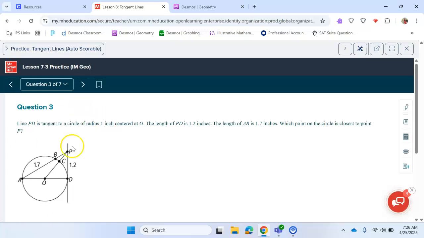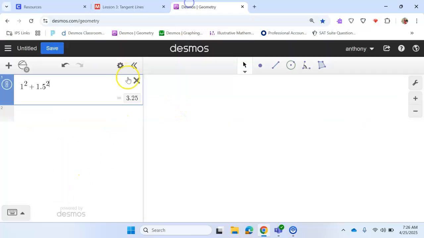Well, it would have to be either B or C. To calculate B, we would find the hypotenuse of this large right triangle and subtract 1.7, to find distance BP. The short leg is 1.2, so 1.2 squared.